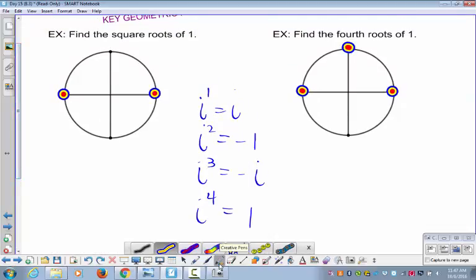So that's right there. What about minus i to the fourth? Minus i to the fourth is the same as i to the fourth, which is 1. 4 solutions evenly spaced. 2 solutions evenly spaced.